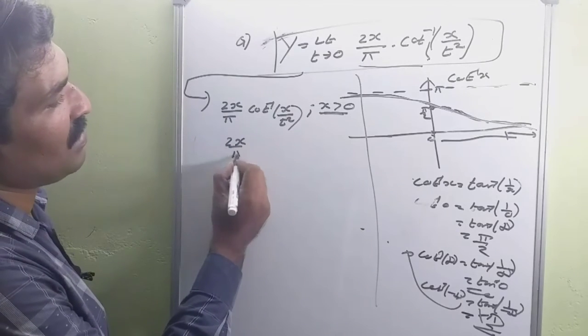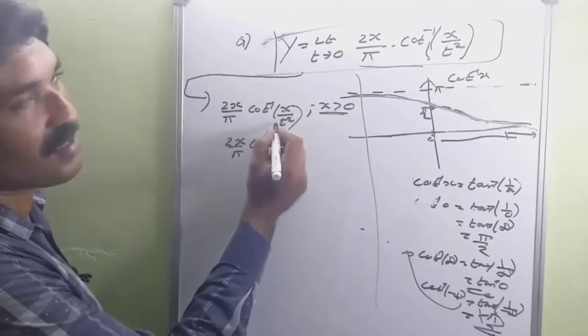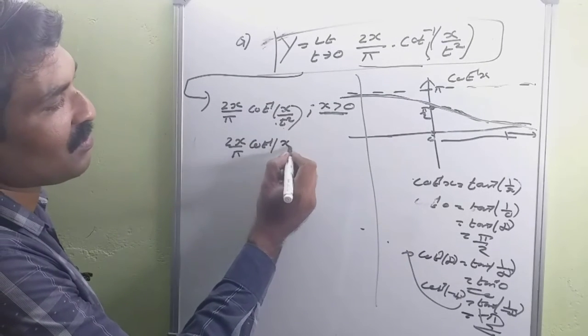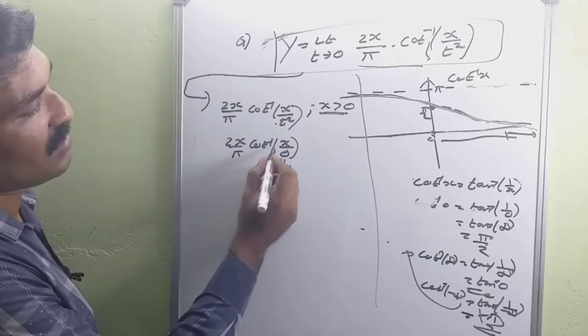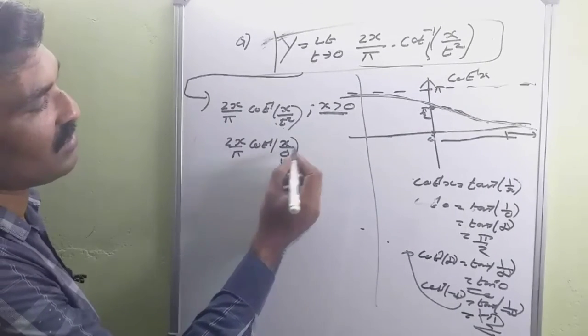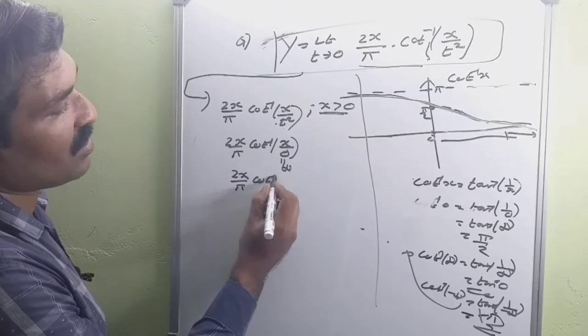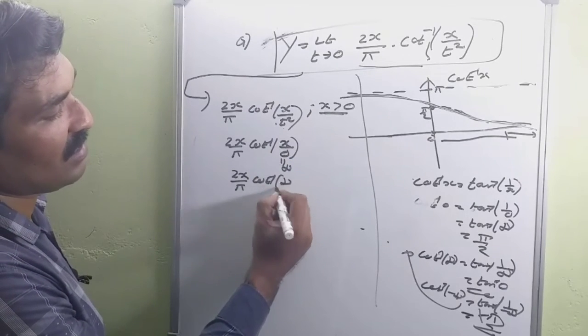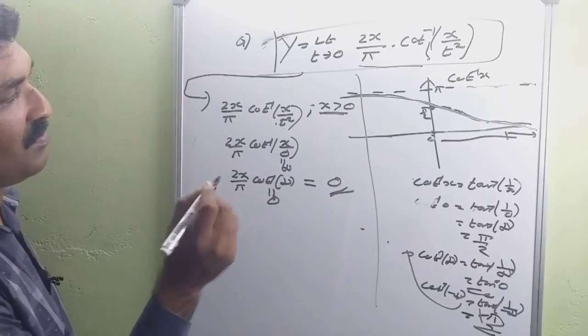Here x is positive and the denominator is equal to 0, so x by 0 means infinity, that is cot inverse infinity, which is equal to 0. So 2x by pi into cot inverse infinity is equal to 0.